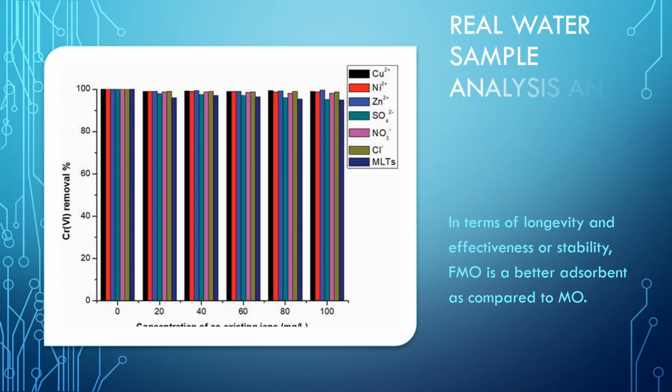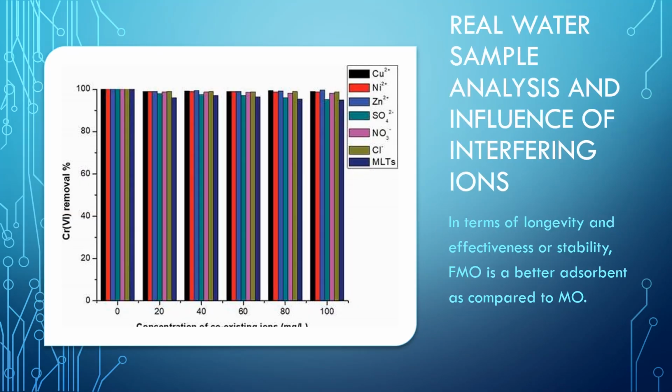Real water sample analysis and influence of interfering ions on chromium-6 removal. Industrial wastewater from chrome plating, mining and leather tanning, etc., does not contain only chromium-6 but consists of many other ions.